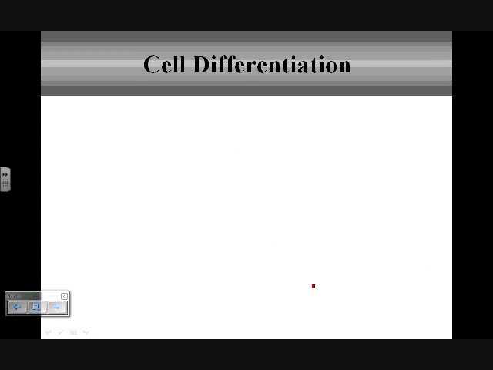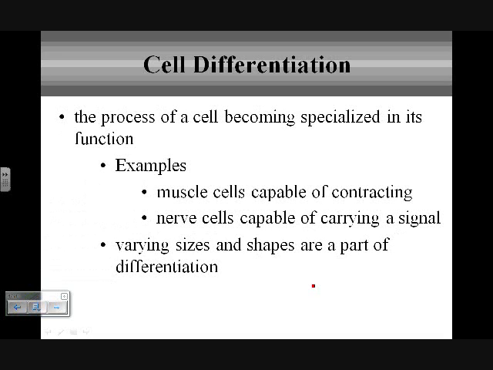Which leads us to cell differentiation, which is the idea of specializing for function for a cell. They all kind of start out similarly, but as they develop, they're going to have specific jobs. And as they develop, they're going to develop with that specific job in mind, and their structure is going to be related to the function.